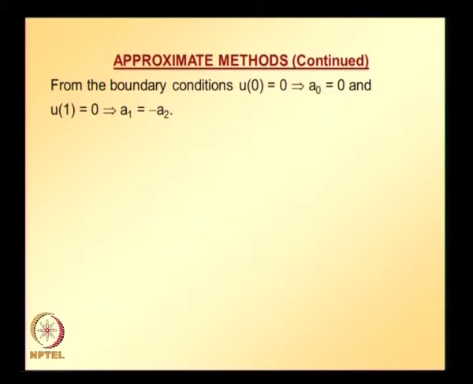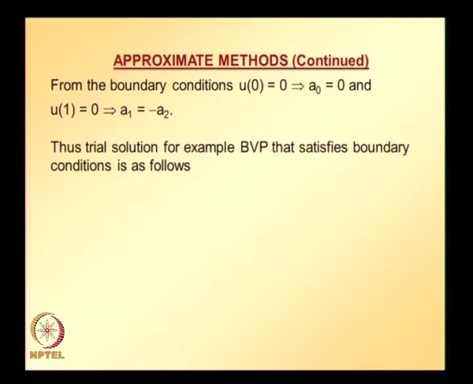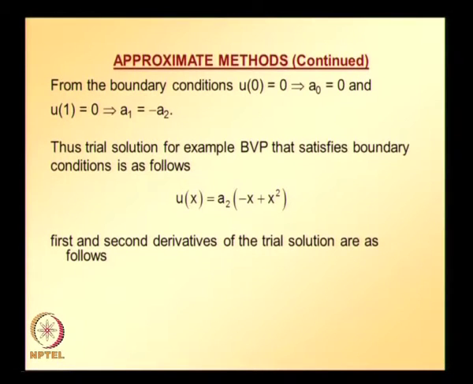It turns out that a naught is equal to 1, a1 is equal to minus a2, and substituting this into the trial solution we get the admissible trial solution u equal to a2 times minus x plus x square. Before we proceed with the weighted residual method, we require the second derivative of this trial solution.